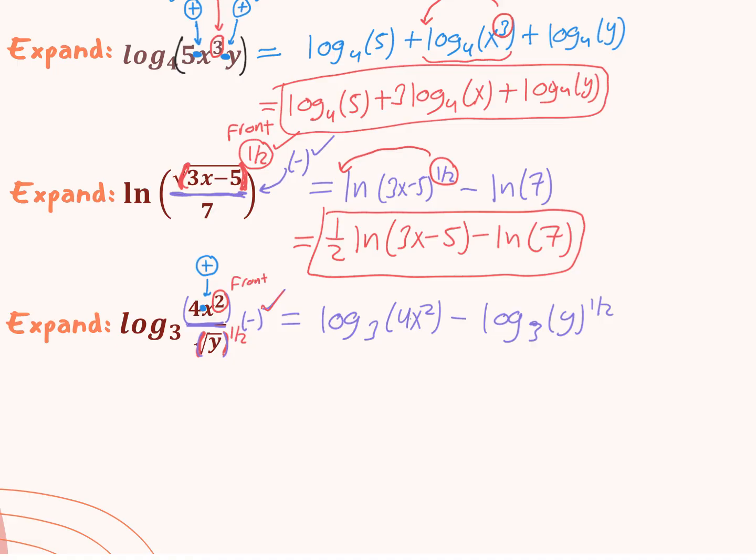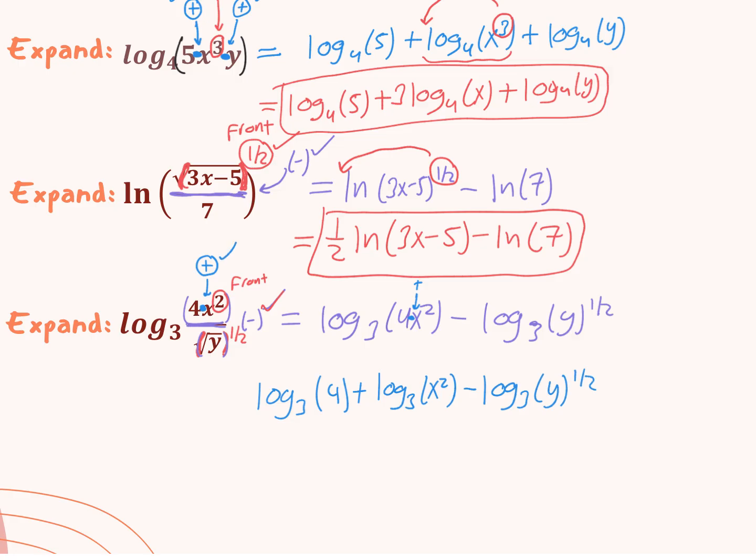So I checked off the minus. Let's account for the plus now, right? I see a multiplication in between. So that means I'm going to turn this into a log base 3 of 4 plus log base 3 of x squared minus log base 3 of y to the 1/2. All right, and that accounts for the plus, check.